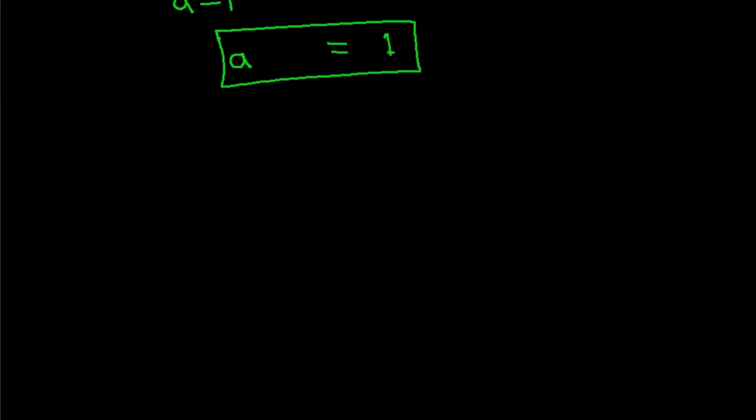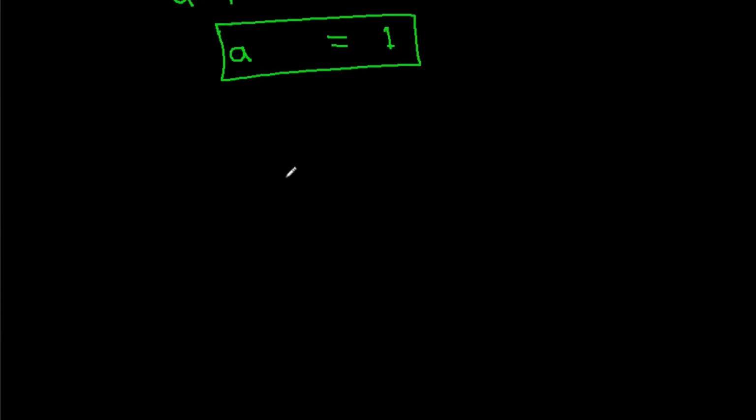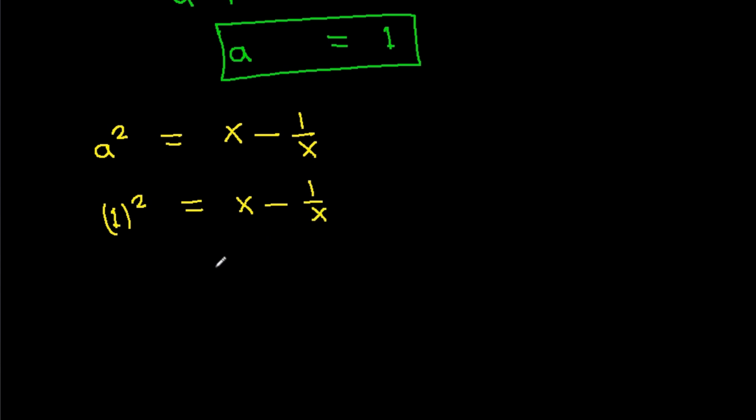And now we have a square is x minus 1 by x, and a is 1, so 1 square is x minus 1 by x, and 1 is equal to x square minus 1 by x.